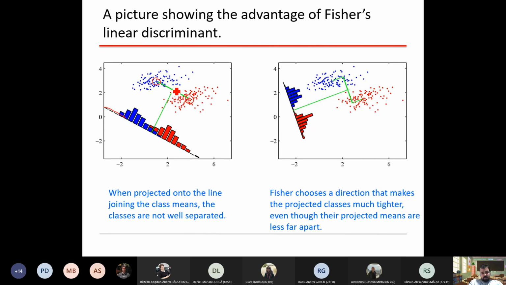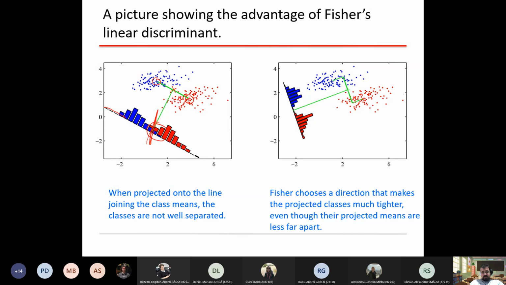If we take the middle of this segment, then this is where we should make the discrimination. So we set here the limit between the classes. What's on the left should be blue, what's on the right should be red. But as you can see, there are some areas that are not well separated, so we have errors there.